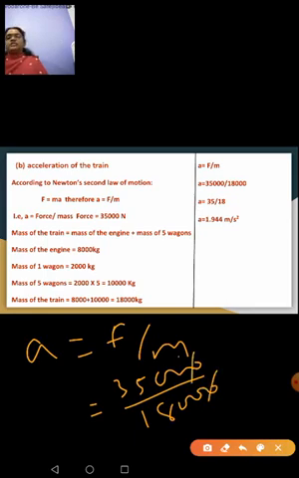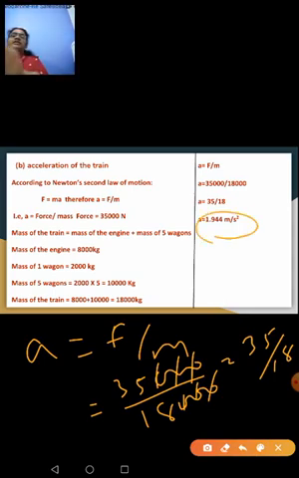So cut zeros here. So you get 35 upon 18. When you divide that, 18 twos are 36, no? So only one time, 1.944 meter per second square. Meter per second square is the unit for acceleration. Understood? Very clear? Very easy? Okay, let's move on to the next sum.